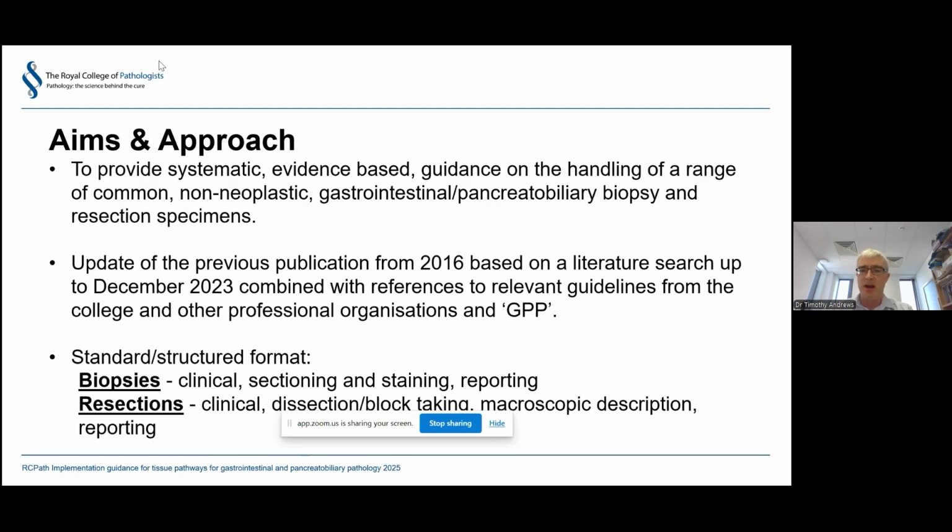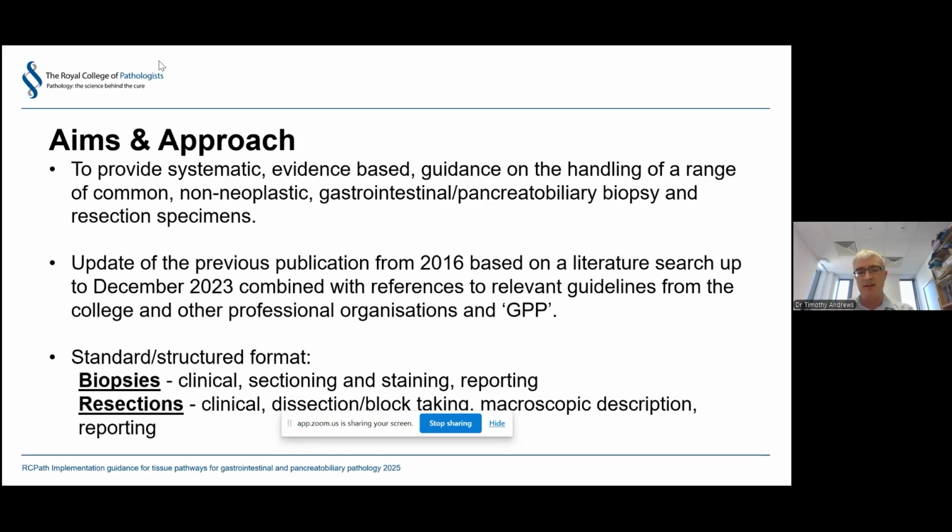We've been through the relevant guidelines from the college and other professional organisations, and we do accept that a number of the recommendations are essentially based on good practice, meaning that perhaps there isn't a strong evidence base for it in the literature, but this is what our experience as GI pathologists would indicate is the best way to approach certain specimens.